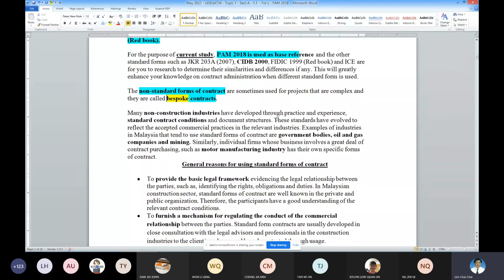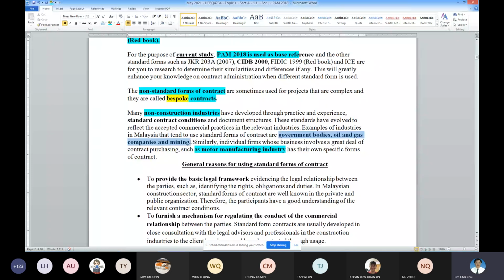Okay, yeah. So apart from the construction industry, there are others non-construction industry. They have their own standard form. Okay, so for example, you have your motor industry, you have your government bodies, oil and gas. These are non-construction industries, but they also implement their contract.